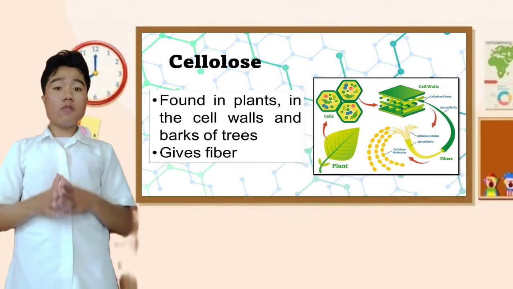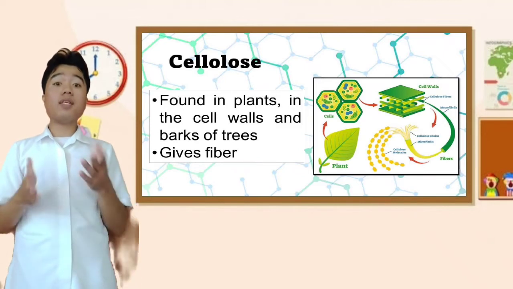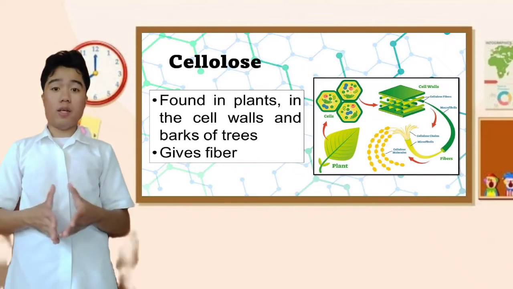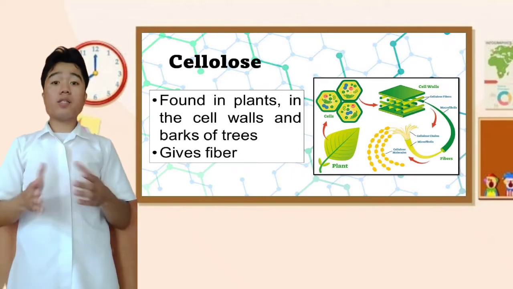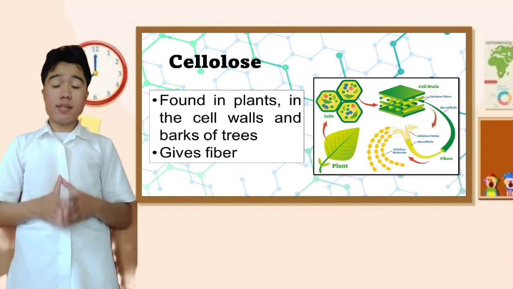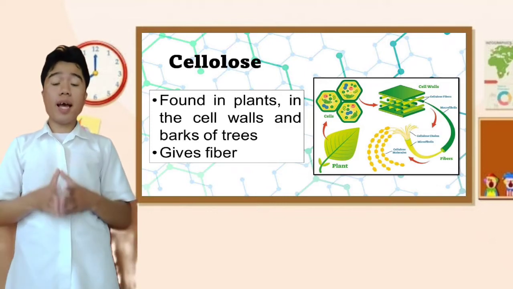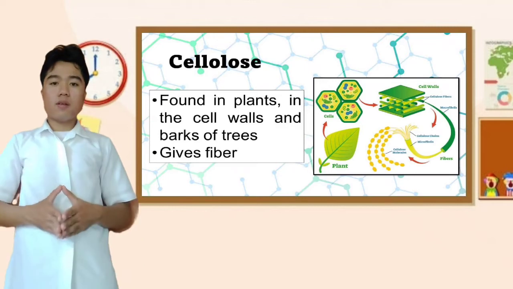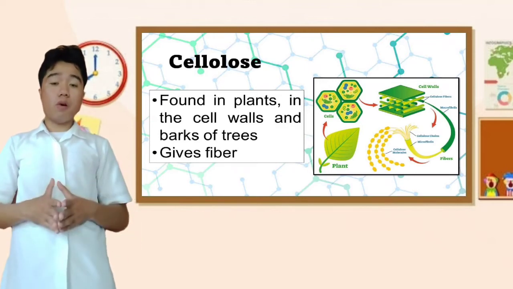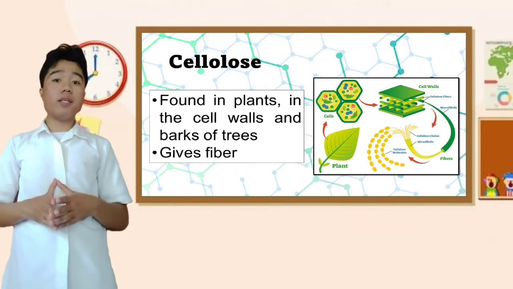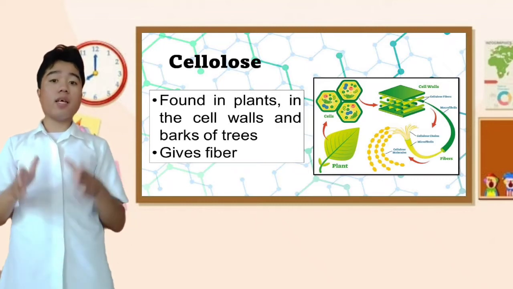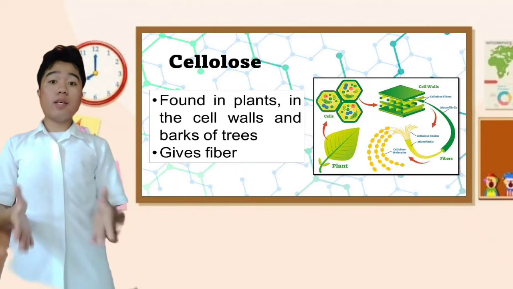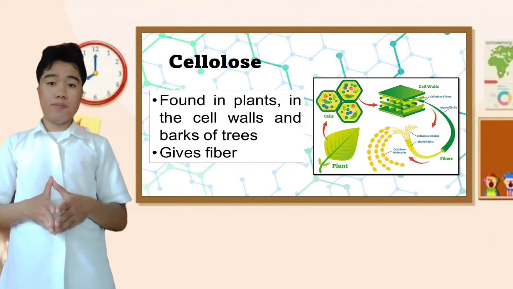Not all of it can be digested in our body. Some of it will be excreted, because our body can't digest cellulose. There is no enzyme to help digest the cellulose. But the rest of the vegetables that is digested gives us dietary fiber that is important for good bacteria to aid digestion in our body.